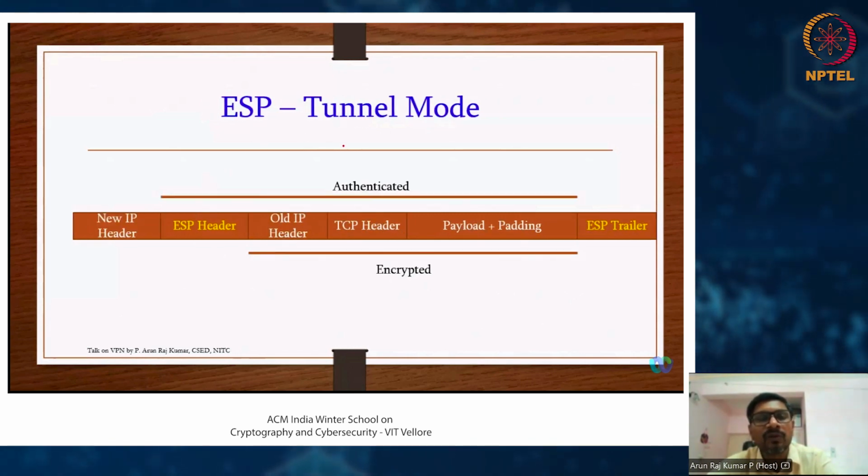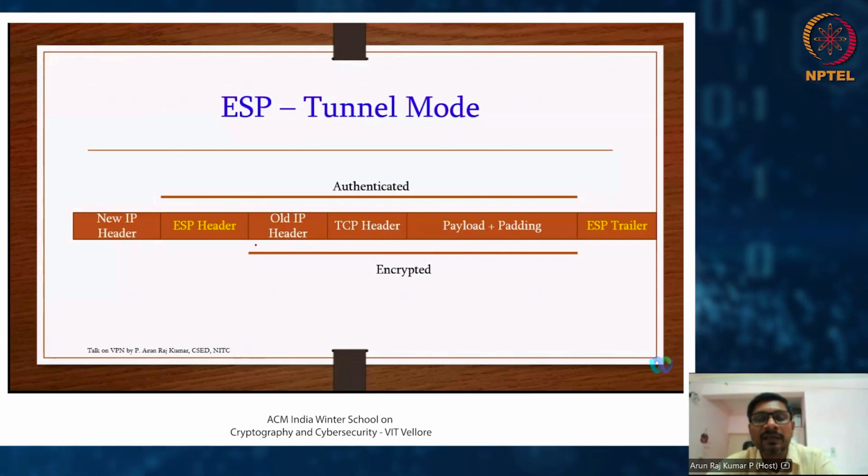Whereas in the ESP tunnel mode, we will not know who is the sender and who is the receiver, because the actual IP header is completely encrypted here. The dummy IP header which is created at the endpoint is attached only to route the packets.